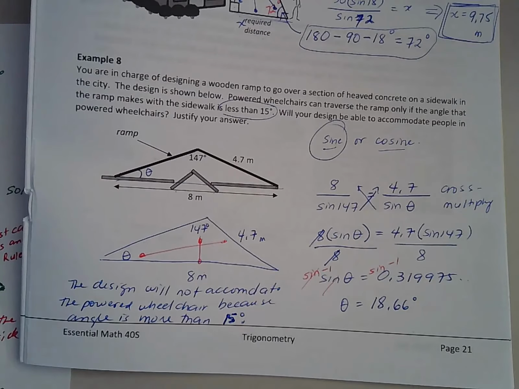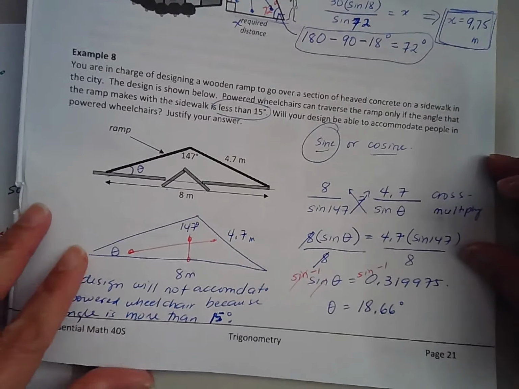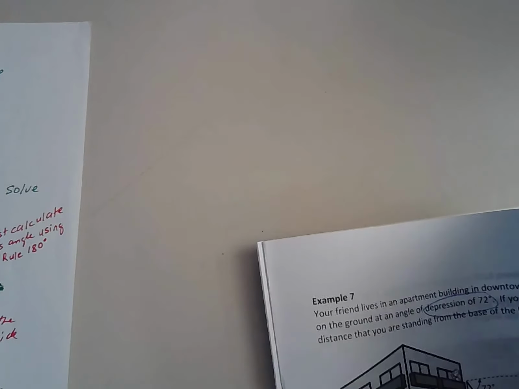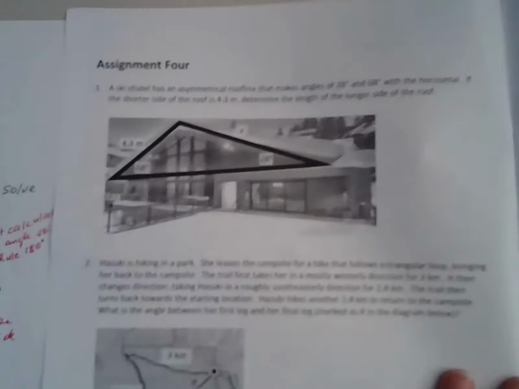Okay, that concludes that lesson. We have assignment 4 for you to work on. Some of the questions have the picture given, which is great. Oh, this is an exam question.